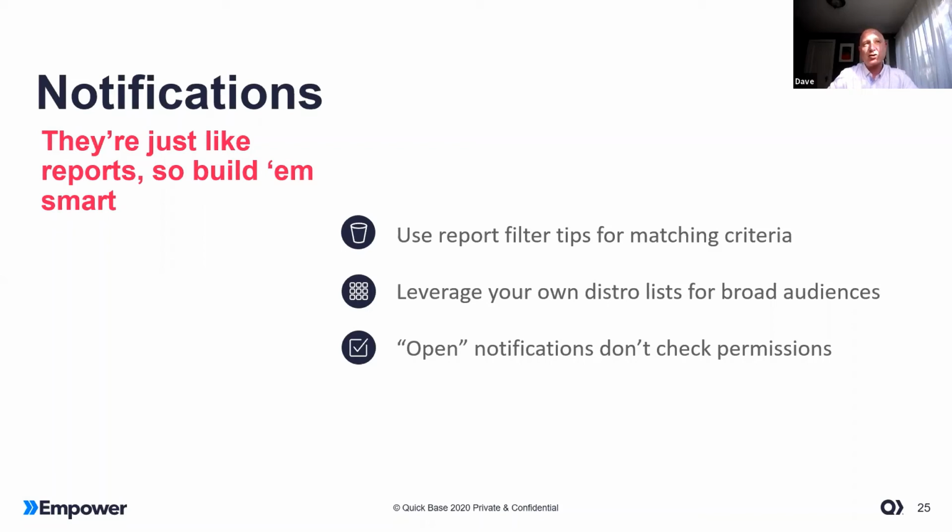And then finally, there are two kinds of notifications. There are user-based notifications, and then there are open notifications. Open notifications don't require permission checks. And again, that sometimes is a great way to speed up the delivery of notifications and make them run faster in your application.